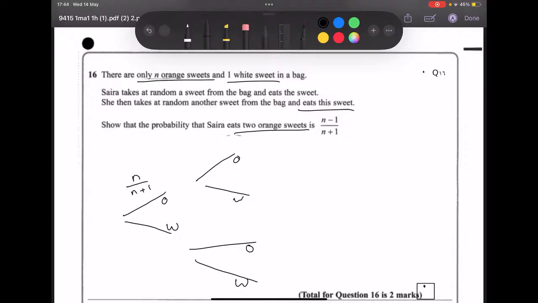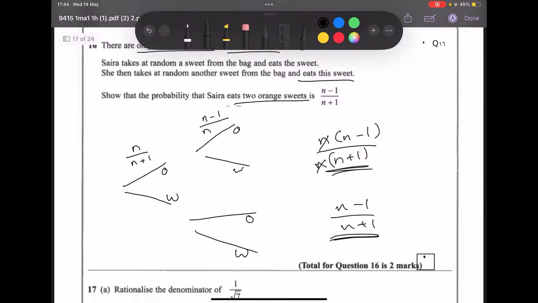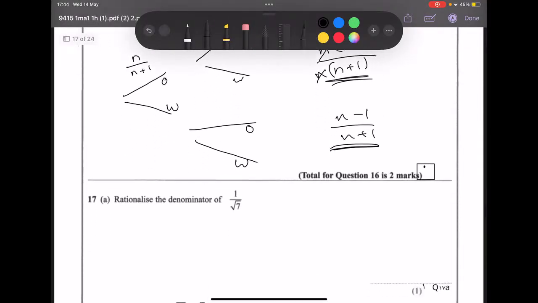Then she has n subtract 1 over n. That would be n times n minus 1 over n plus 1 times n. These two would cancel, and that would give us n subtract 1 over n plus 1. It's at the end of the paper. It seems like a difficult question, however it's quite simple really.